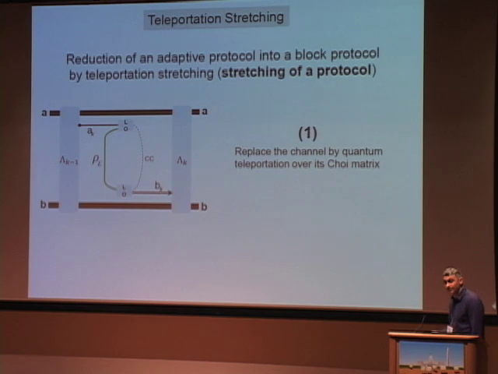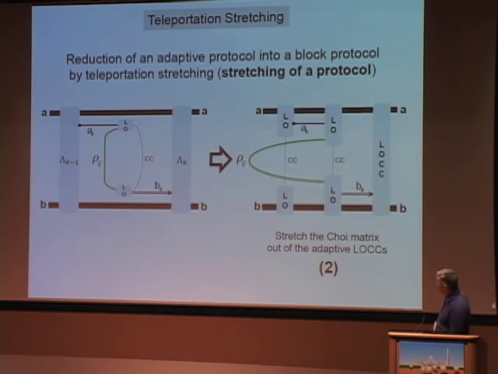That's the first step. The second step, now, since this is a state, you can just somehow stretch out of the loops the state. So basically, you're anticipating in time the Choi matrix, and what you get is that you have the Choi matrix here with some local operations and classical communications afterwards.